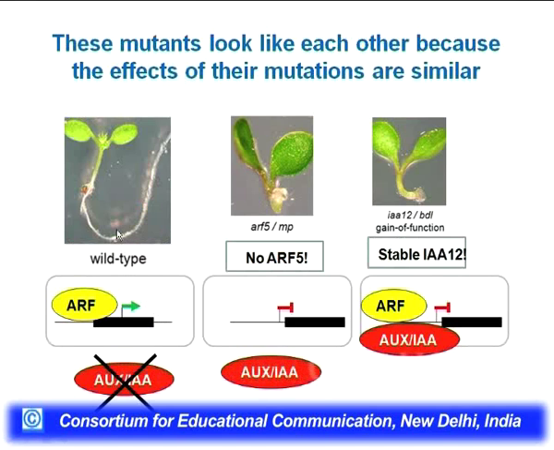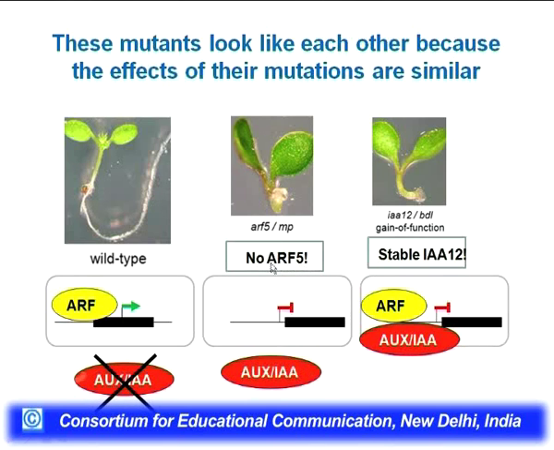So, now you can see here three plants. This is wild type, here ARF is present, and when auxin comes, this AUX/IAA is degraded. So, auxin functions. So, you have both shoot and root. This is a mutation in ARF5.